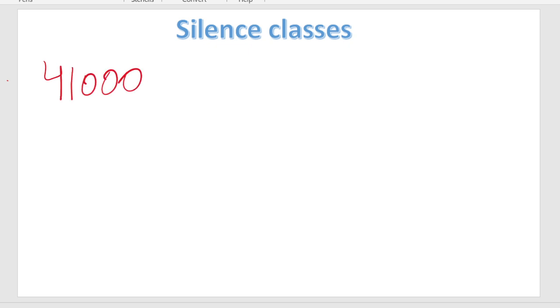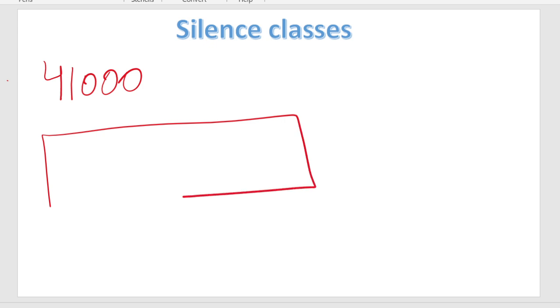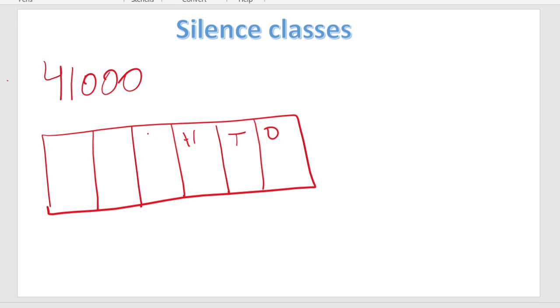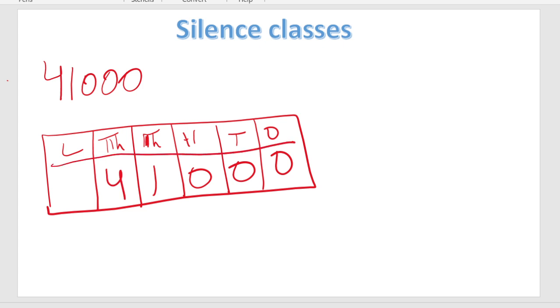Again, what we have to do, we have to make a chart like this, with 5 columns: ones, tens, hundred, thousand, 10,000, and lakh.